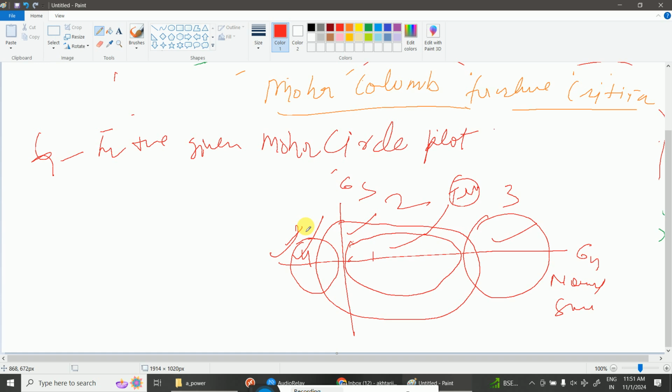Now we will do a question on this. Circle 2 is your hybrid structure.